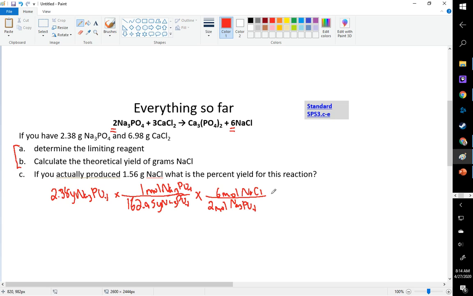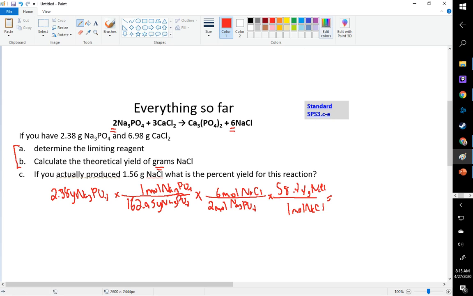But I am not going to stop here because I'm going to go and try and answer the second question as well at the same time. So I'm going to now have to get grams of sodium chloride, which means moles has to go on bottom. And grams of sodium chloride, I misspoke a moment ago, molar mass is 58.44 grams of NaCl.